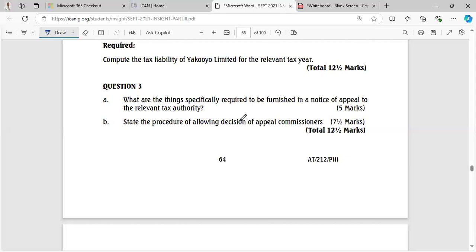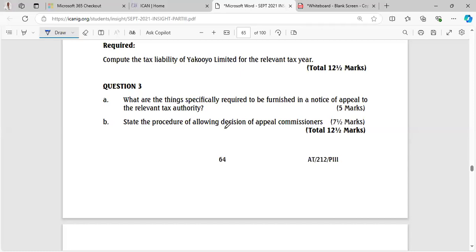Even your tax file number also needs to be furnished to the relevant tax authority, which is the tax appeal tribunal.